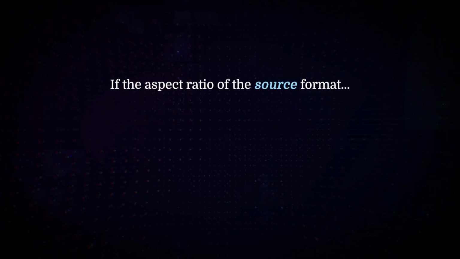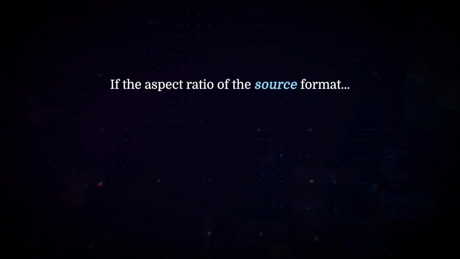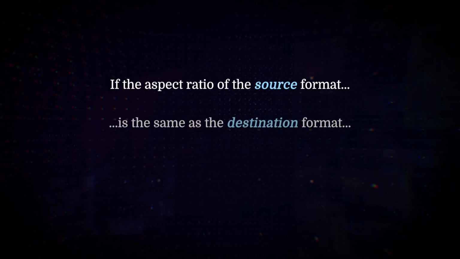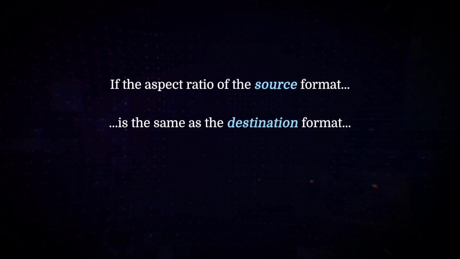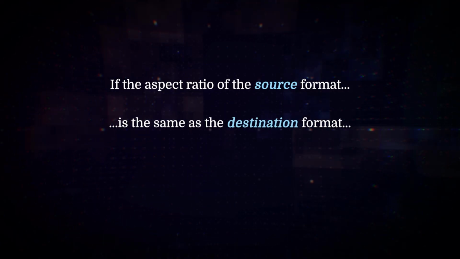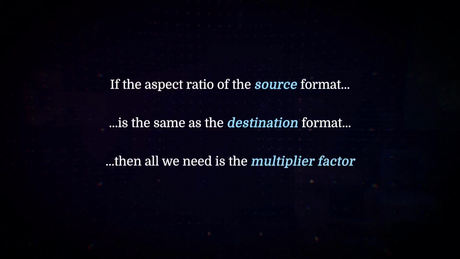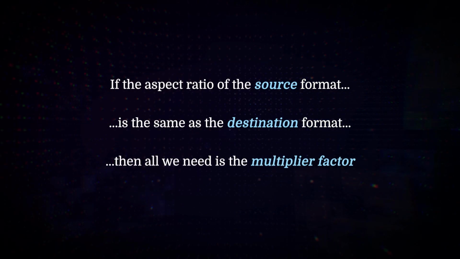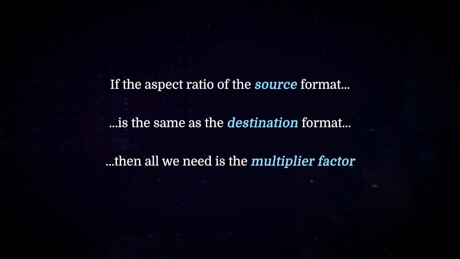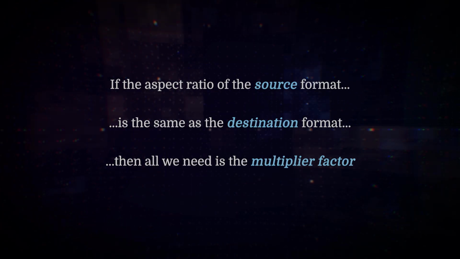If the aspect ratio of the original composition, aka the source format, is the same as the one we're changing to, aka the destination format, then we don't even need to worry about the entire frame. We could just worry about the properties. To figure that out, we need to find out something called the multiplier factor.